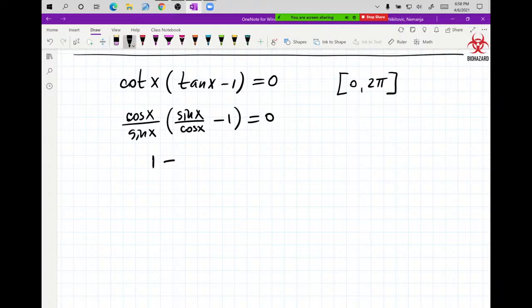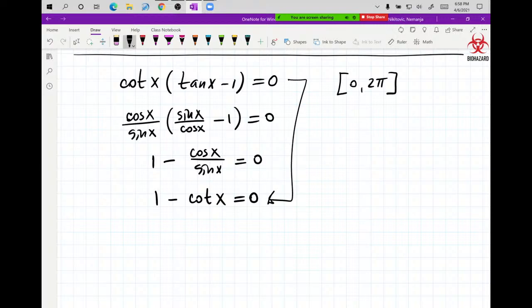So you just get 1 minus cosine x over sine x equal to 0. That is 1 minus cotangent x equals 0. So, if you know that cotangent and tangent cancel, you can just cancel them right away and go from the first row to the last row immediately. But, you're learning, so it's okay. Go to sines and cosines, and eventually, when you do enough of these identities, it would make sense.